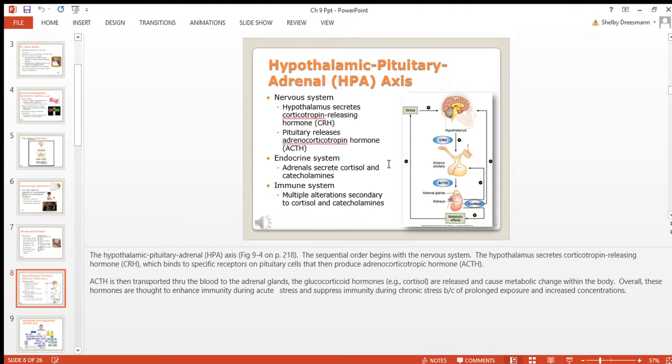And this cortisol can influence immune factors. It can help in acute situations, but if prolonged, it can cause problems. The nervous system is CRH and ACTH. In the endocrine system, the adrenals secrete cortisol and catecholamines, and the immune system is secondary to the cortisol and catecholamines.